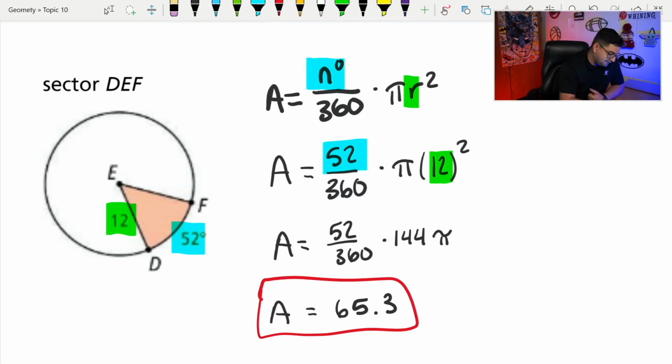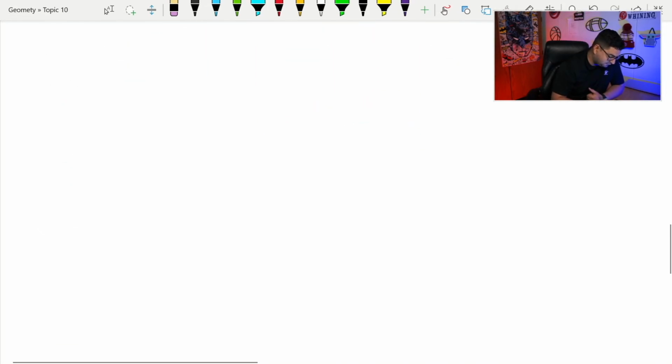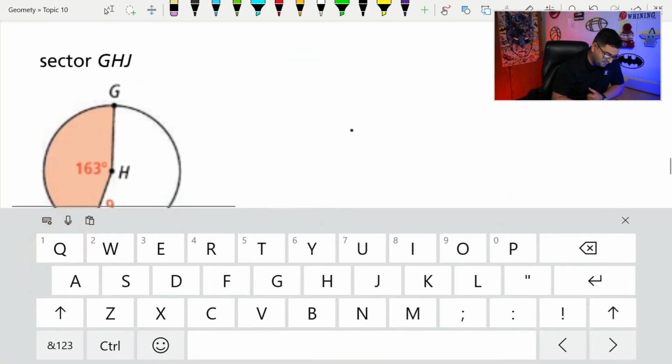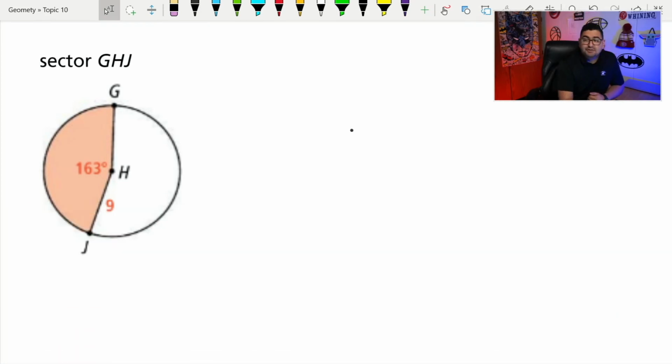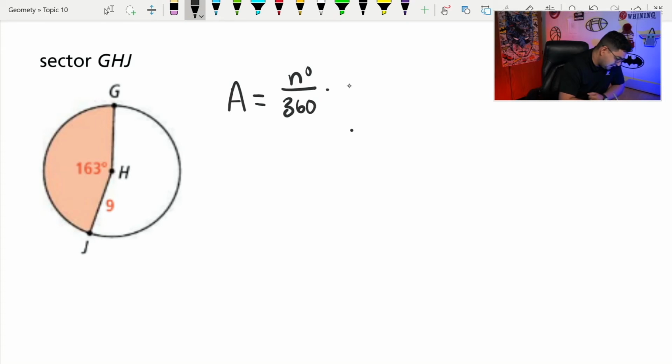Let's look at another problem. Here it's asking to find the area of sector GHJ. Again, let's write our formula: n degrees over 360 times pi r squared.